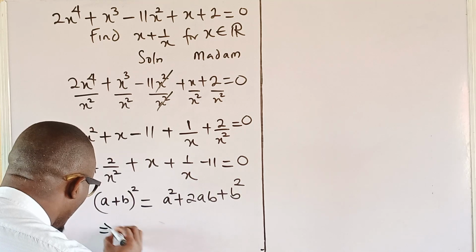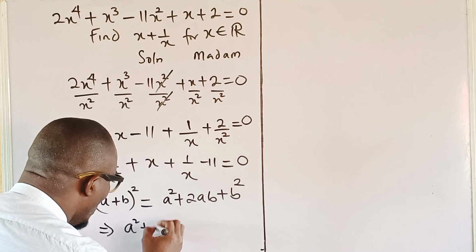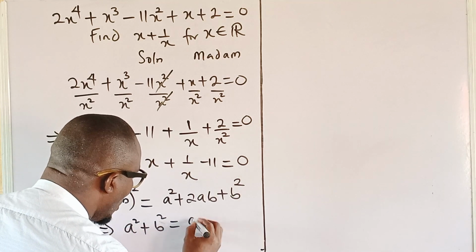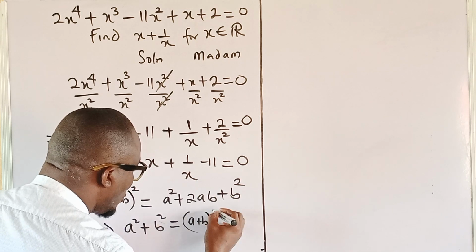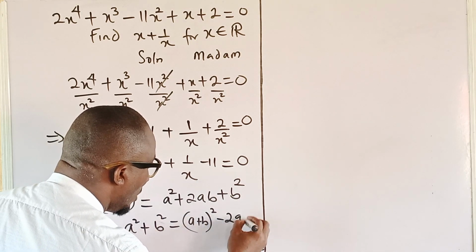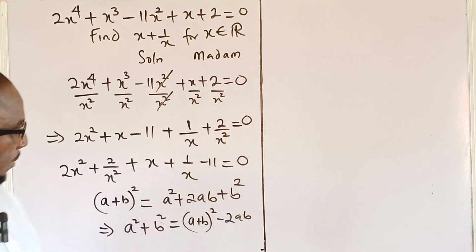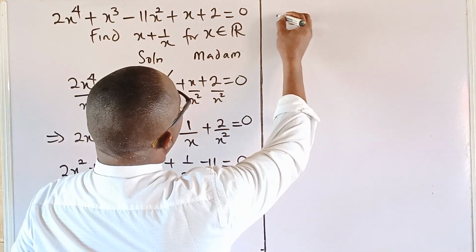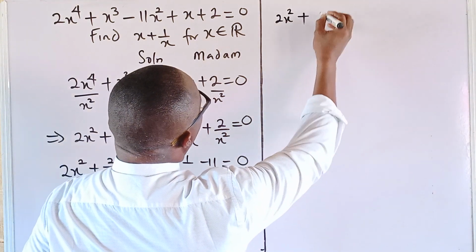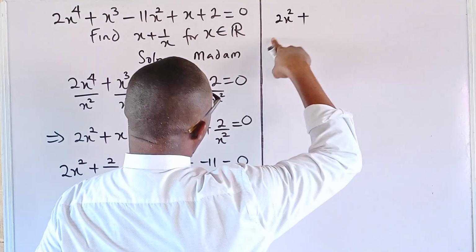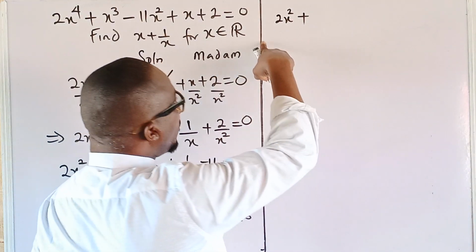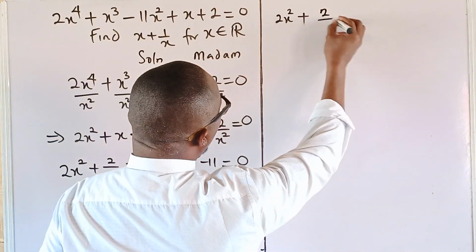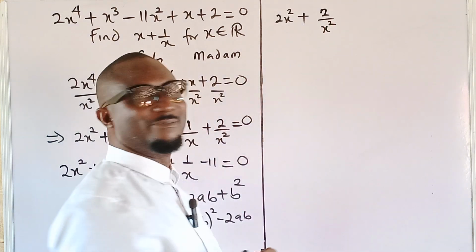We are going to be having a squared plus b squared. That will be equal to a plus b whole squared minus 2ab. Now, with this well-known identity or algebraic formula, I can actually write an expression for 2s squared, sorry for the slip, 2s squared plus 2 upon s squared.